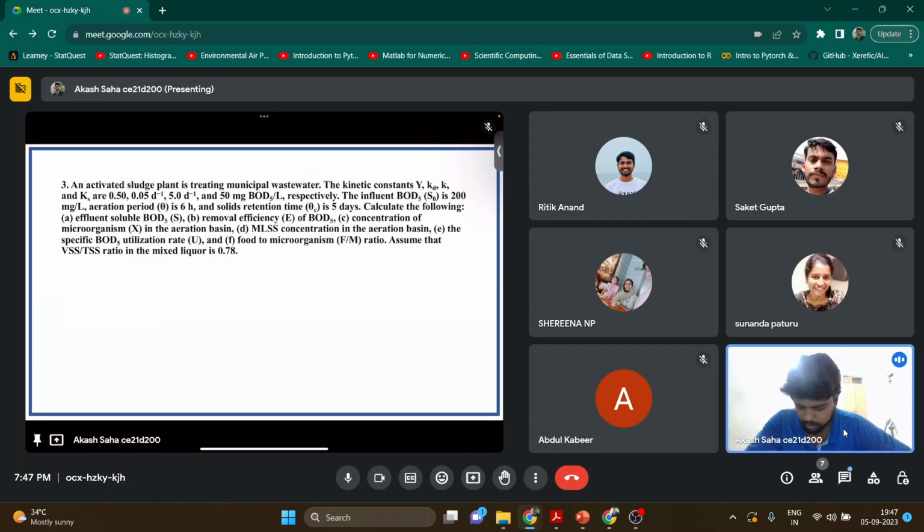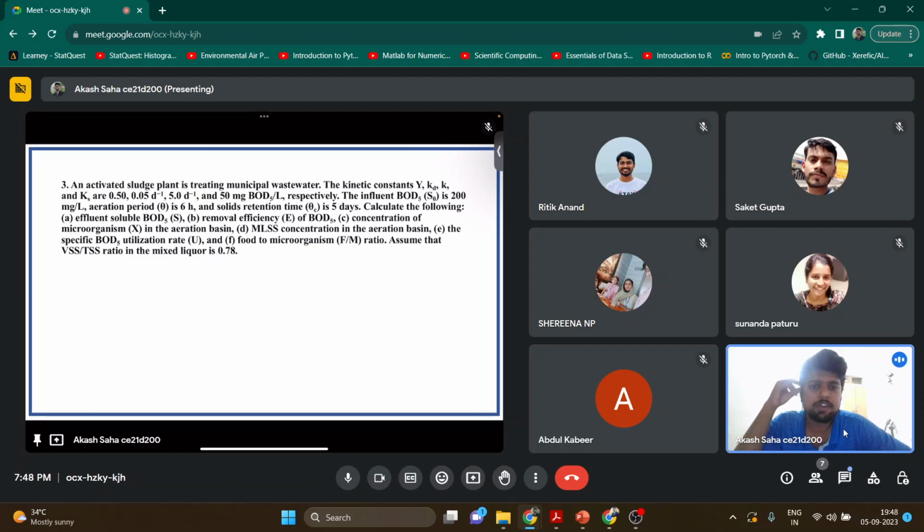Okay, so here we don't have to bring in the concept of specific substrate utilization rate. So everything is given in per day. So whatever we have derived before, we can directly take those formulas and try to find out the answer.